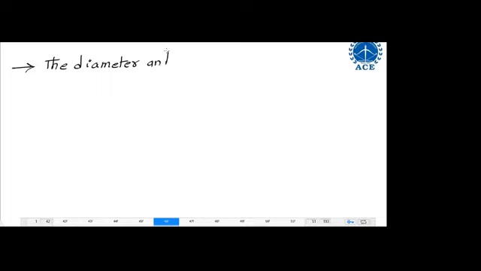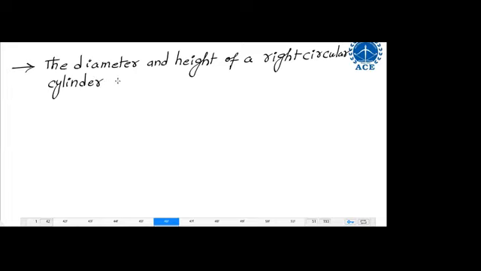The diameter and height of a right circular cylinder are 3 centimeters and 4 centimeters respectively.